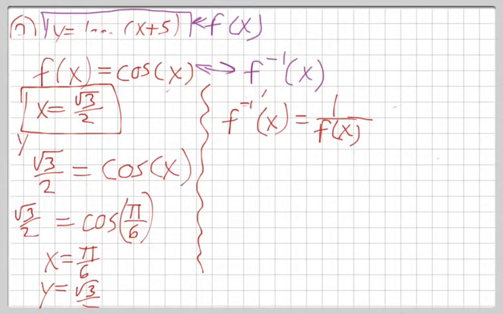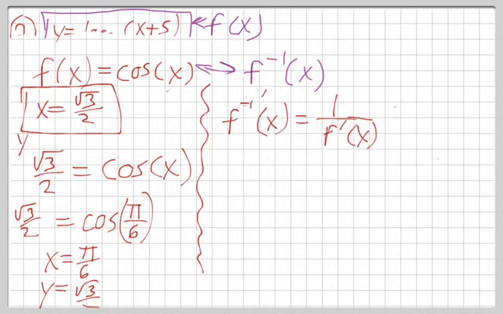Let me write the derivative here. Remember, since we're talking about inverses, all we're going to do is switch the x's and y's, which we've already done. So let's plug in our values.